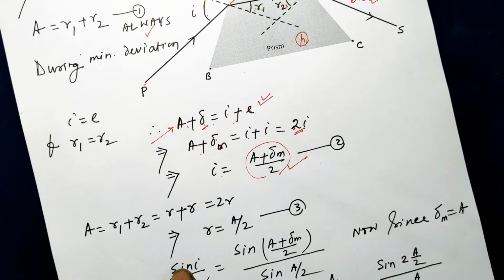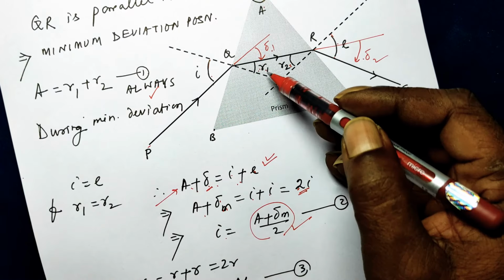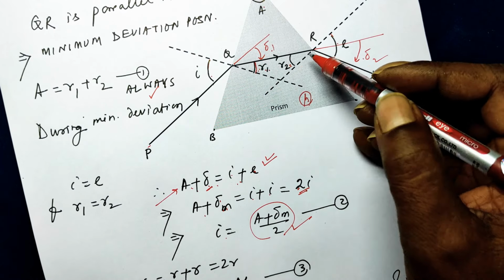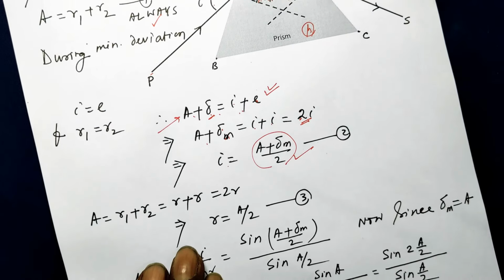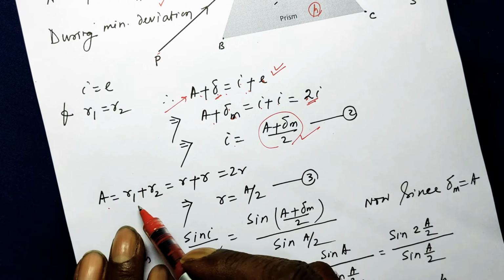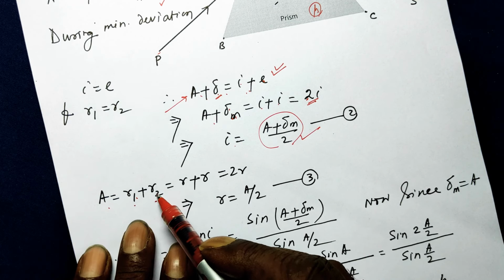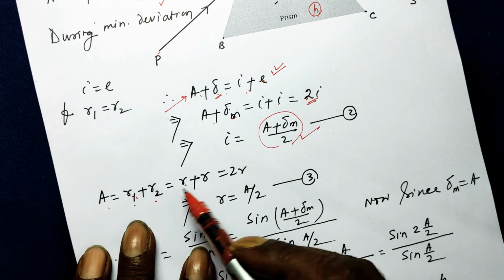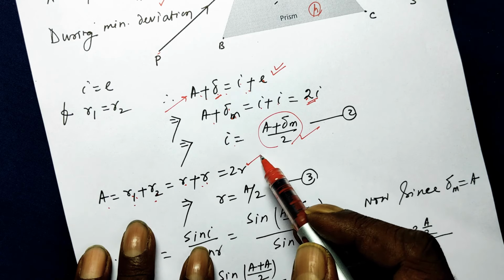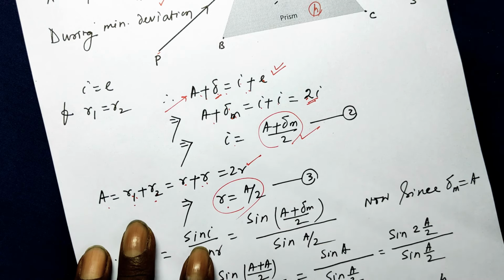And during minimum deviation, this angle of refraction R1 here and this angle of incidence within the medium R2, both are equal. And since A is always equal to R1 plus R2 and both are equal during minimum deviation, for this I write R, for this also I write R, R plus R is 2R. So your R is equal to A over 2.